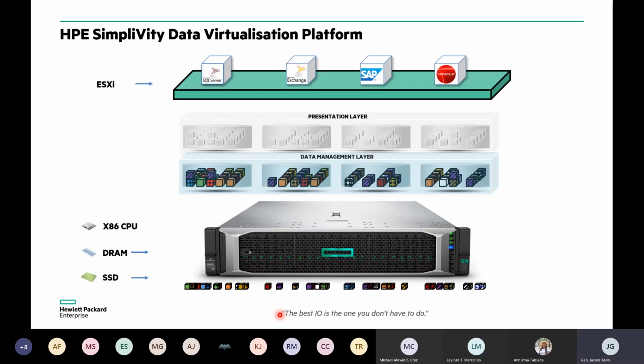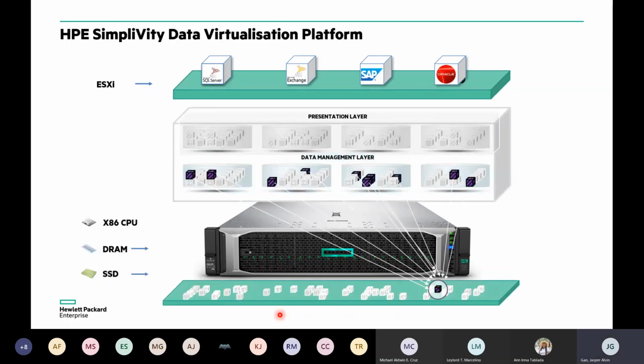That's why we can do backups and cloning at any point in time, even during production. We eliminate the need for a backup window with HPE Simplivity because we eliminate those I/Os using this inline deduplication and compression technology. And also, that is how we get a very efficient system. That's why we can guarantee capacity savings with HPE Simplivity.